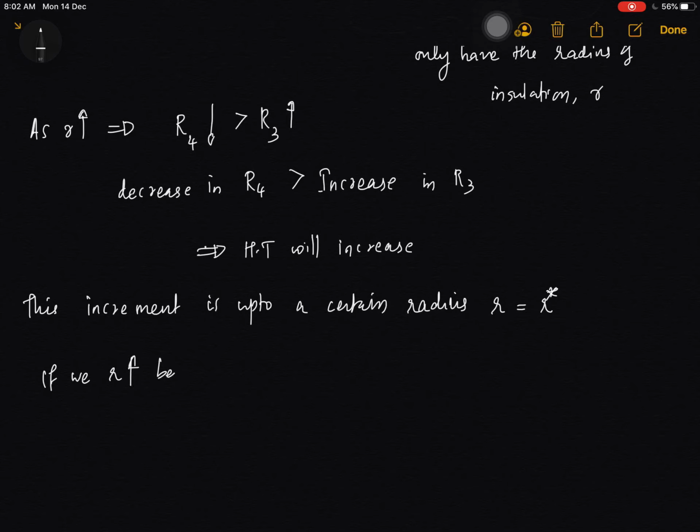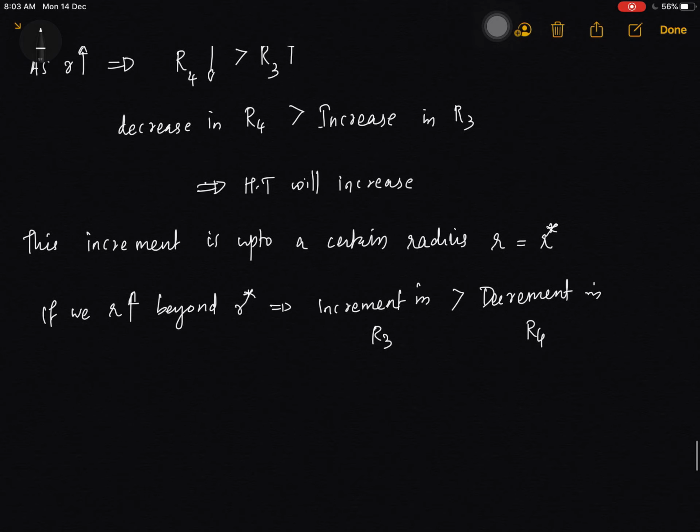If we increase the radius of insulation beyond r star, the increase in R3 will be greater than the decrease in R4.